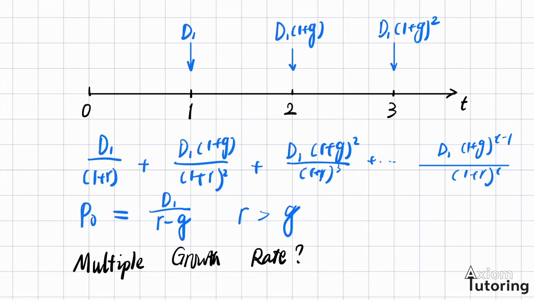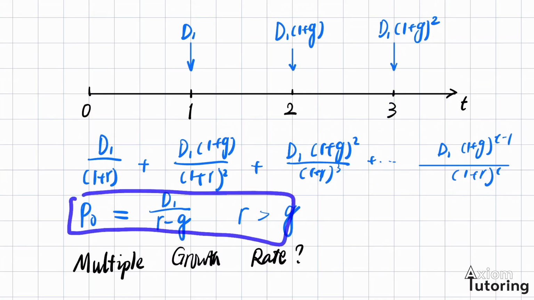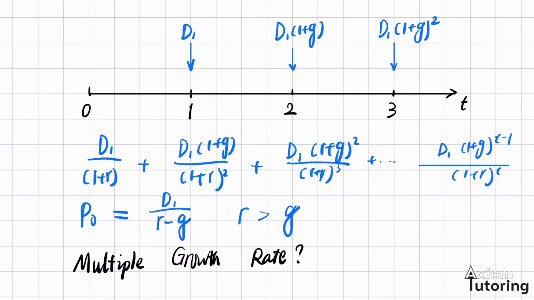But remember, if you want to calculate the price in the future using a Gordon growth model, you'll need to discount it backwards by how many periods you have in the early stages. In this case, I have 3 years of early stages. If I calculate P3, that is going to be D4 divided by R minus G. But I don't just need P3, I still need P0.